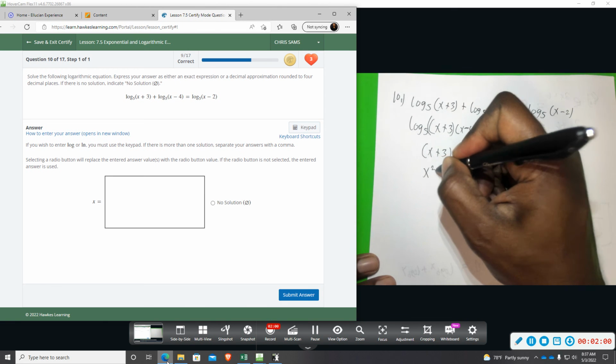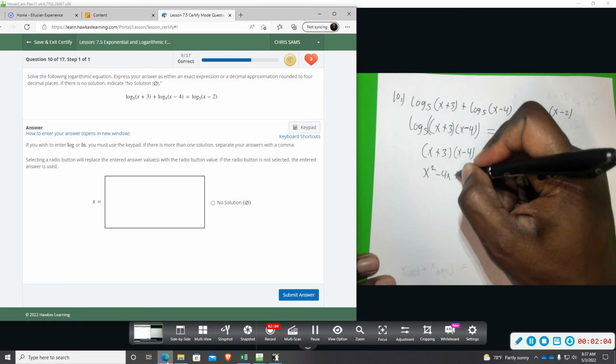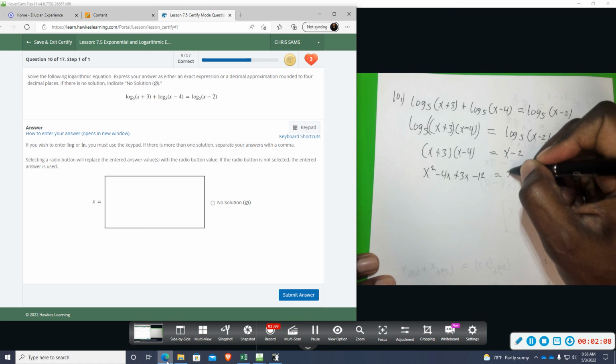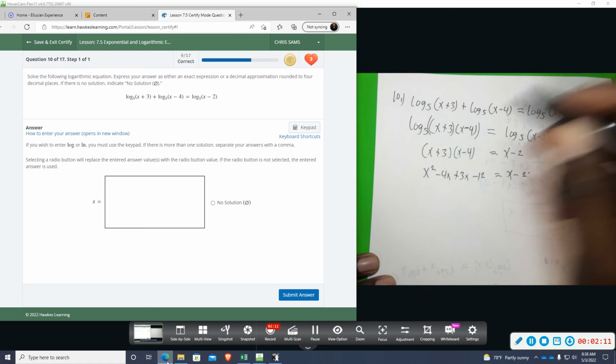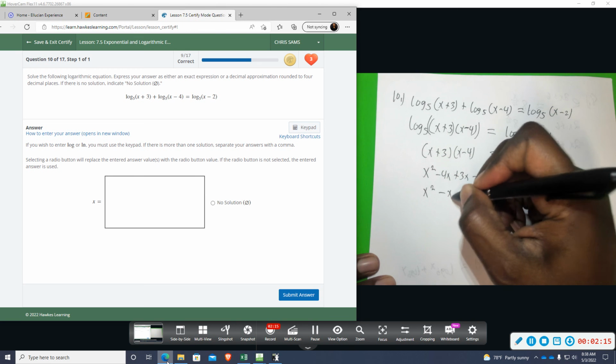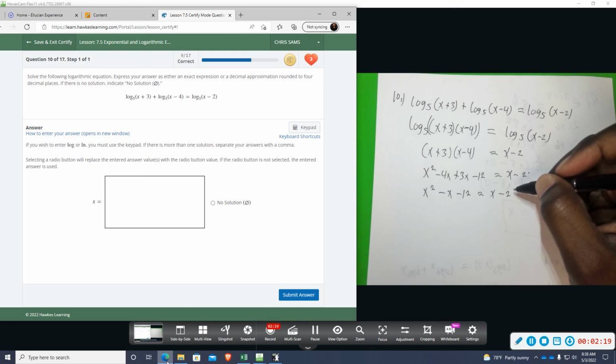That will give us x squared minus 4x plus 3x minus 12 equals x minus 2. Then we have x squared minus x minus 12 equals x minus 2.